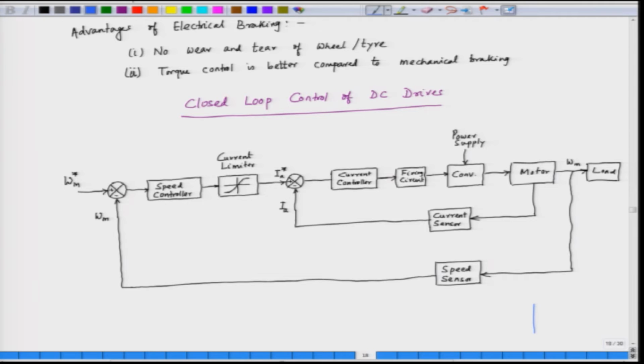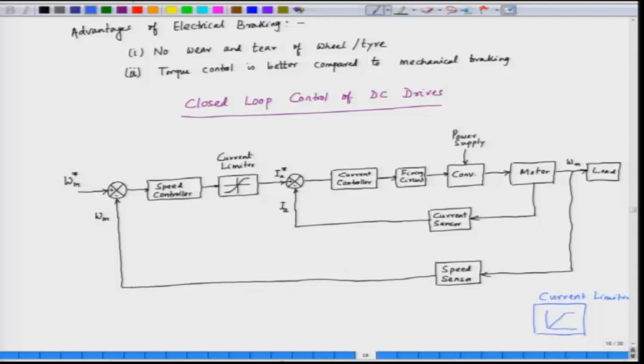If the converter is capable of supplying current in one direction, this is the current limiter. And if the converter is capable of supplying current in both directions, say for example, a dual converter or a 4-quadrant chopper, the current limiter can have a positive value or a negative value.